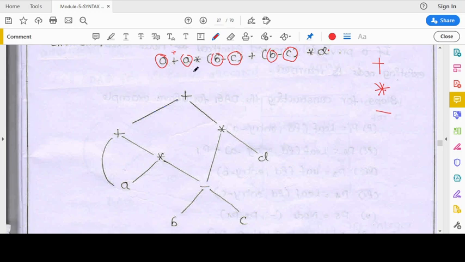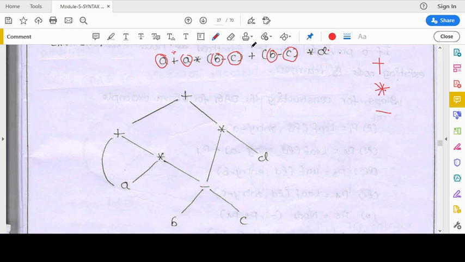We need to start in such a way that I have only one copy of each and every expression. Once you look into it, b minus c and b minus c is common here, right? This b minus c is the left child of the operator plus, and this b minus c is the right child of the operator.